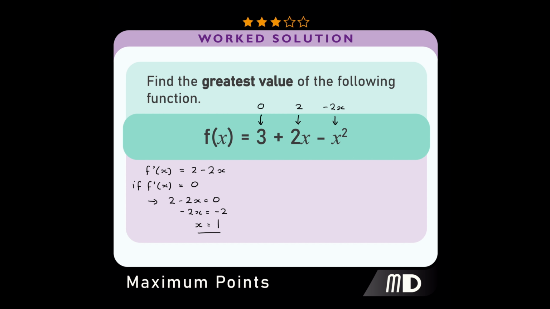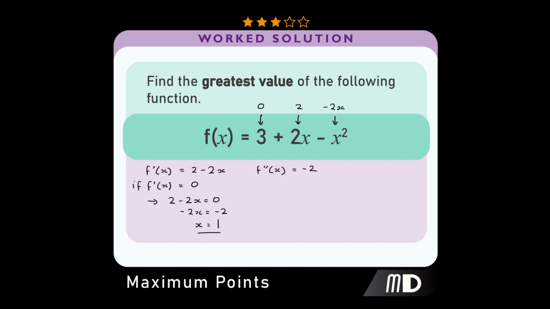The first term is the constant 2, which differentiates to 0. And the second term is minus 2x, which differentiates to minus 2. So, f double prime of x, the second derivative of the function f of x, is equal to minus 2.